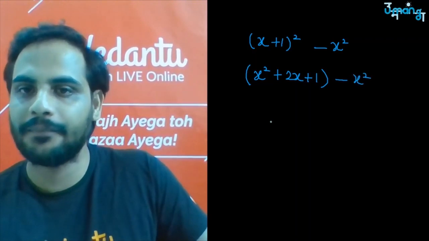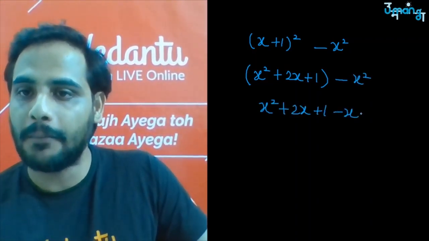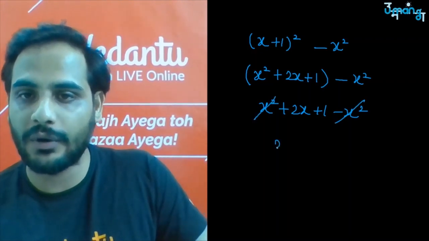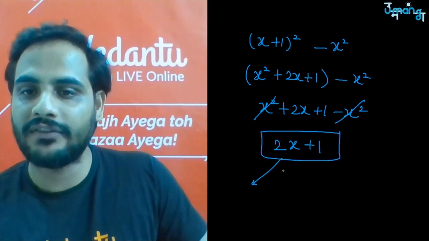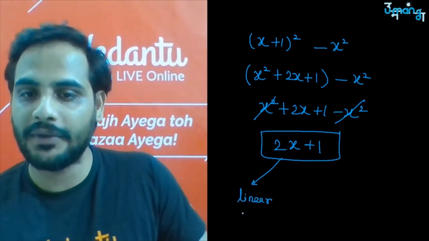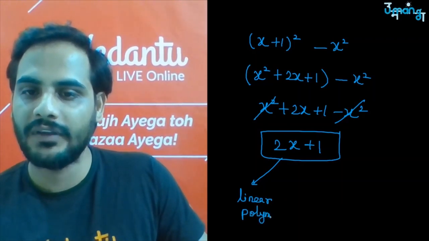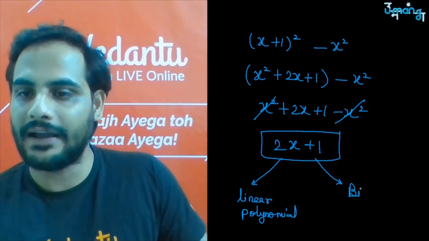Minus x square, so you get x square plus 2x plus 1 minus x square. The x square and x square got cancelled. You have got 2x plus 1. Now you can see the highest power of the variable is 1, so it is a linear polynomial. And if you count the number of terms, it is a binomial.